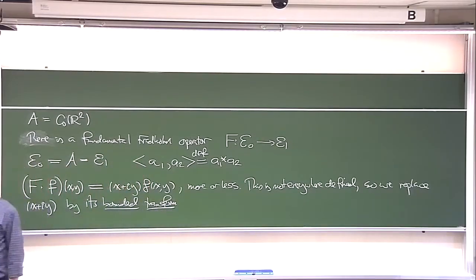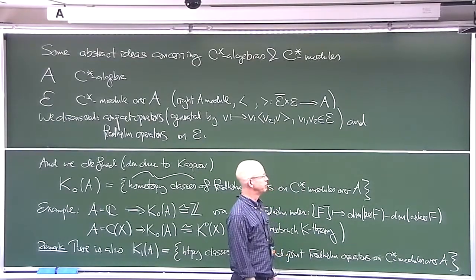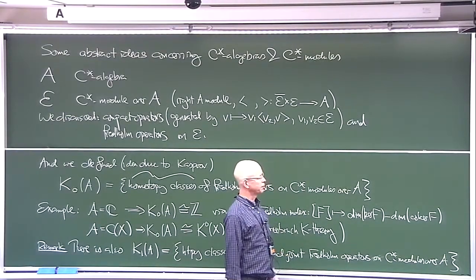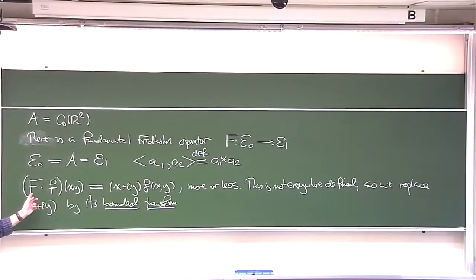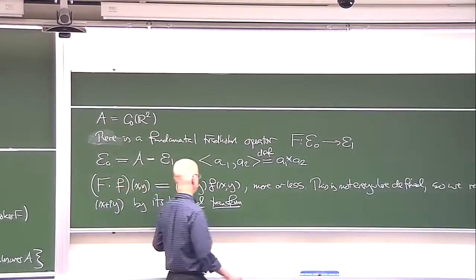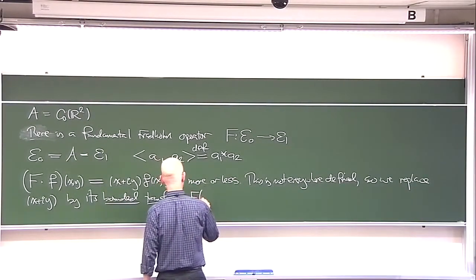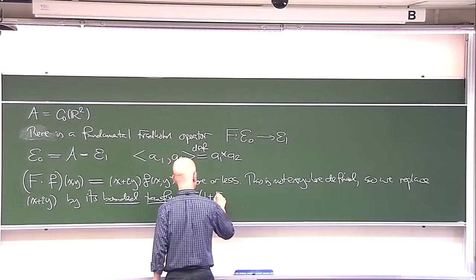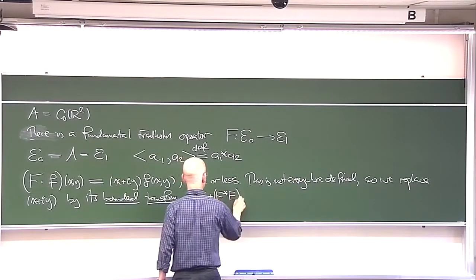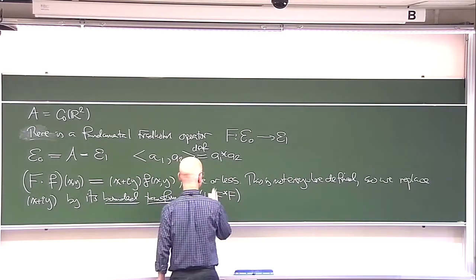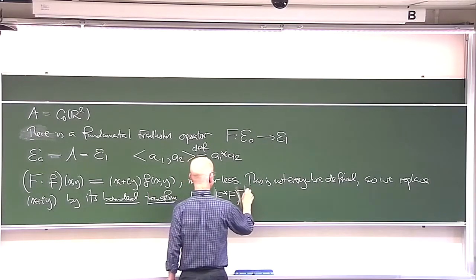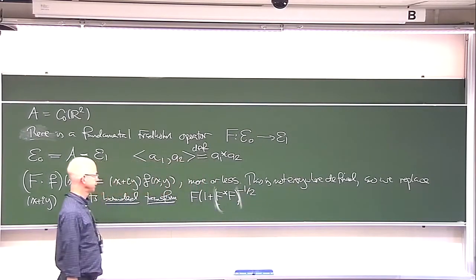We're studying K-theory, we're studying homotopy classes of Fredholm operators, and I just need to invent some way which converts this operator into a bounded operator without destroying somehow its essence. For example, I wouldn't want to replace this function by the constant function 1. That would be too crazy. But here's a reasonable way of doing it. What I'll do is I'll just take the function and multiply it by its adjoint like that, and then take the square root and divide by the square root in this sort.